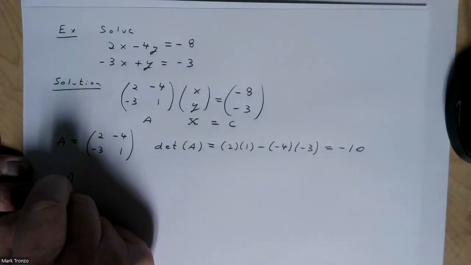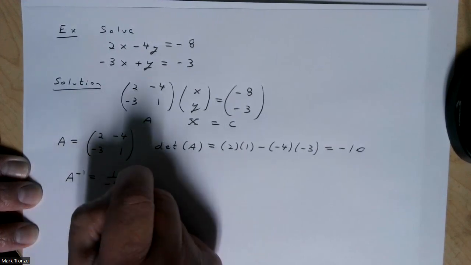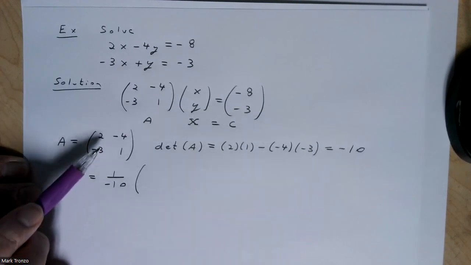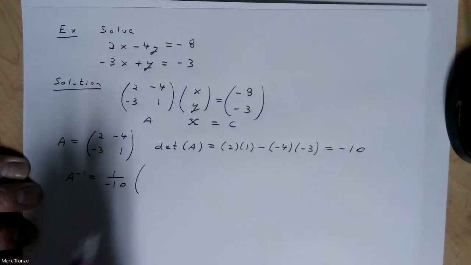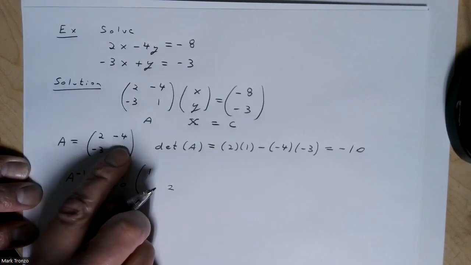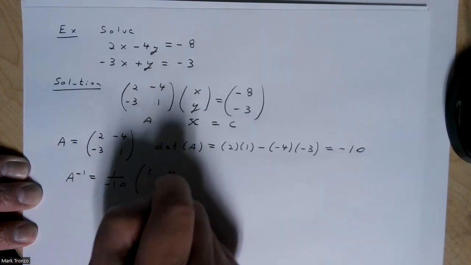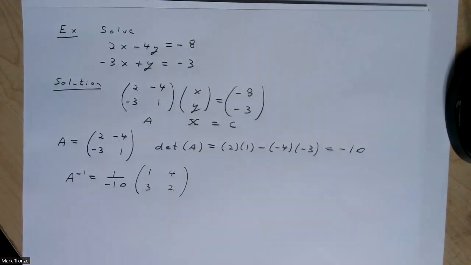And then remember our inverse is 1 over minus 10, 1 over the determinant. Then always trade places with the upper left and the lower right. Change the sign of the upper right and the lower left. Like this. And again, sometimes it's helpful just to keep the scalar outside.